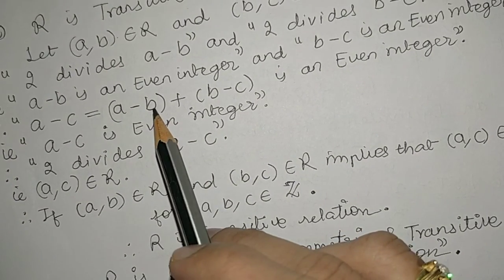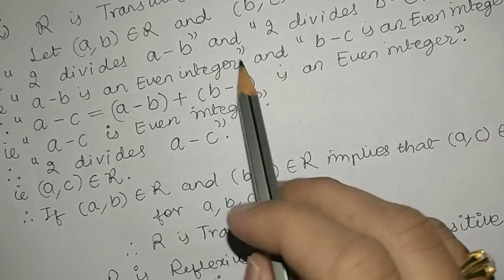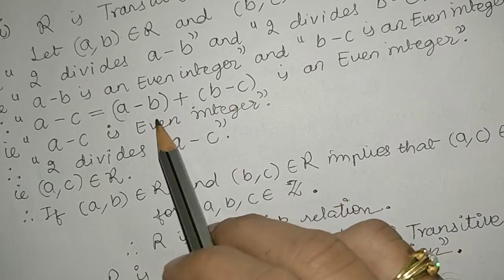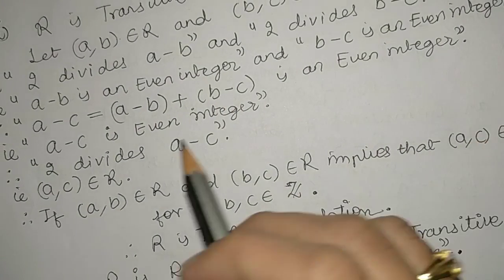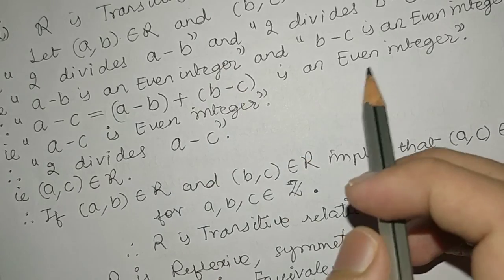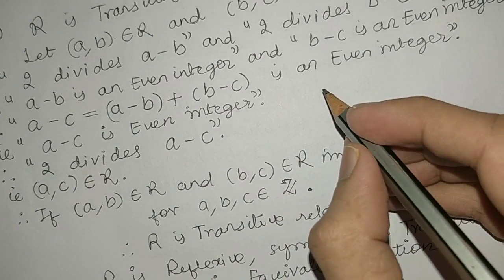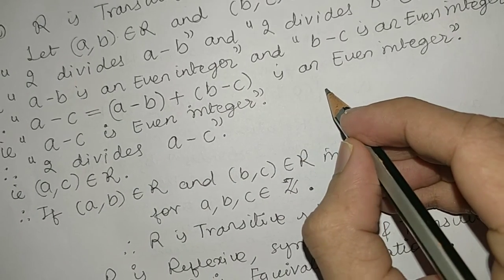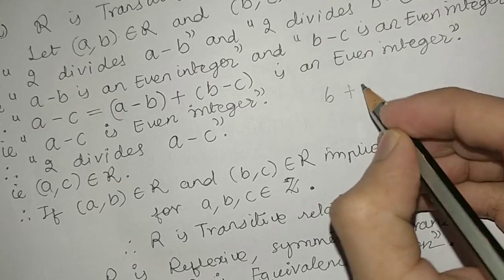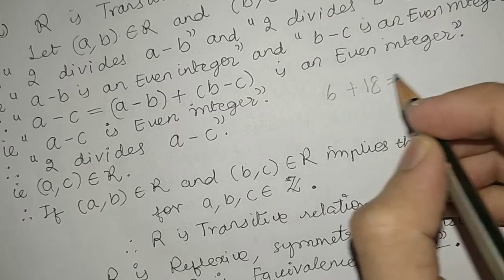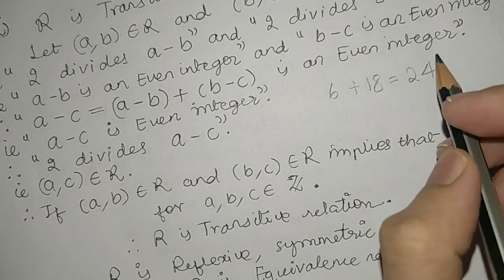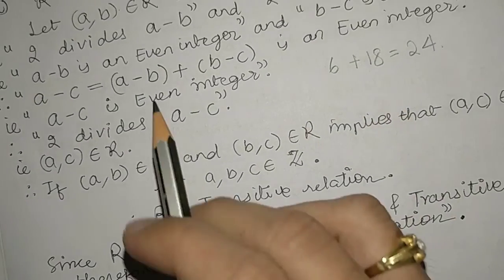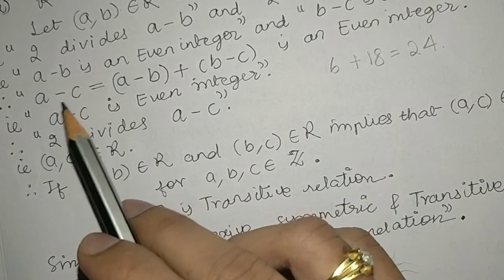Now you have to know that the sum of two even integers is again an even integer. You can take any two even integers, for example 6 plus 18, which is 24, and 24 is an even integer. So the sum of any two even integers is an even integer.